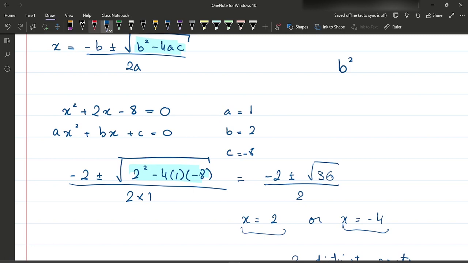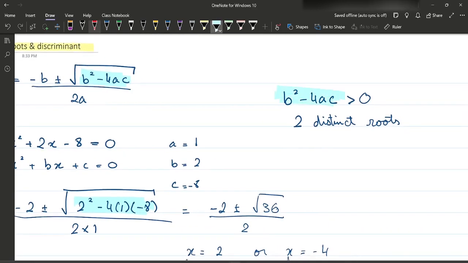So when b squared minus 4ac is greater than 0, you get two distinct roots. Okay, so this thing over here is called the discriminant.